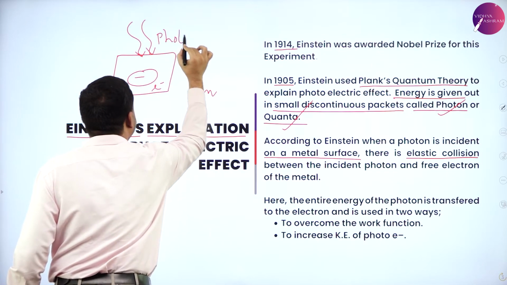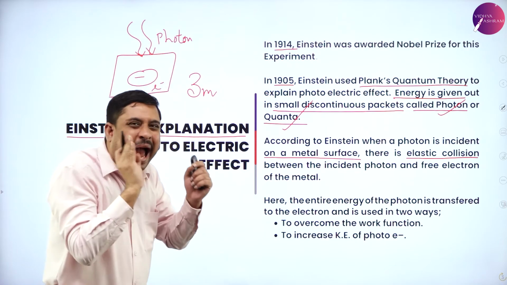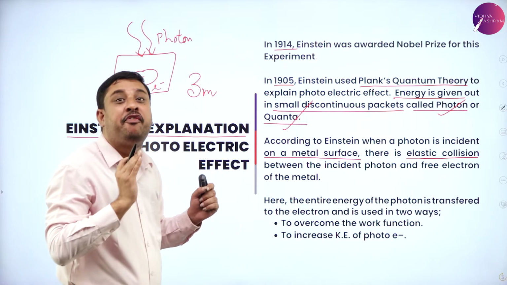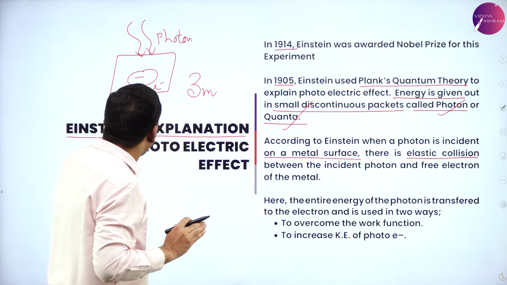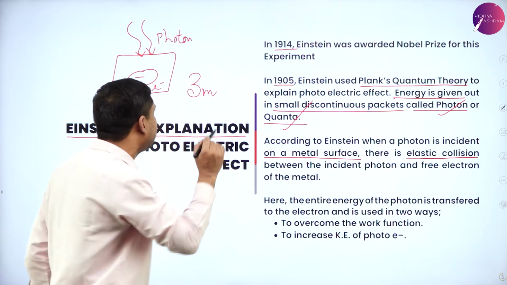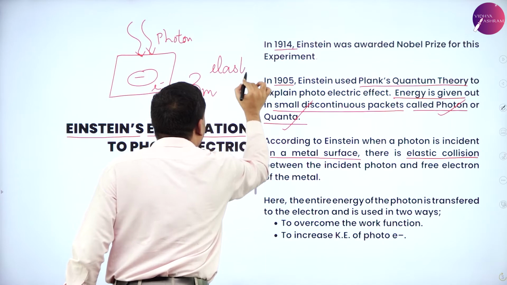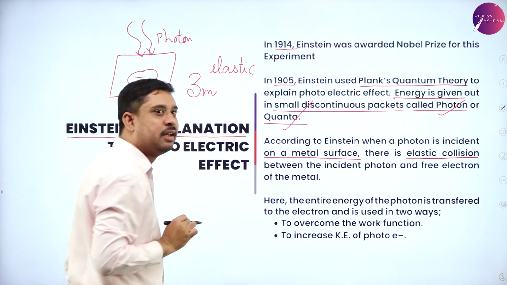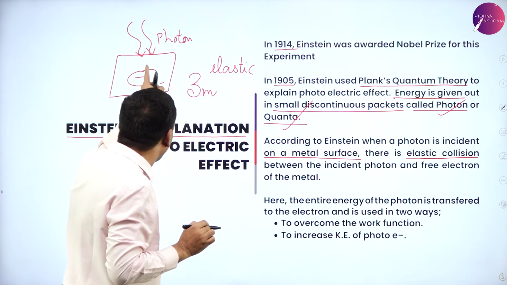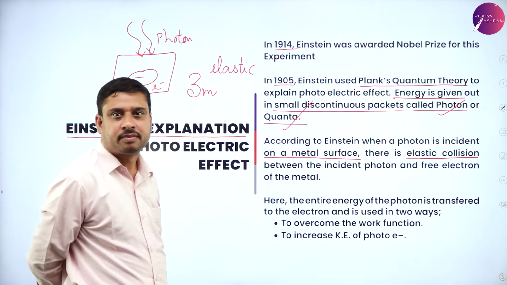So what Einstein says is, when the packet of energy, the so-called photons, fall on a metal surface, there is elastic collision between the photon and free electron of the metal.